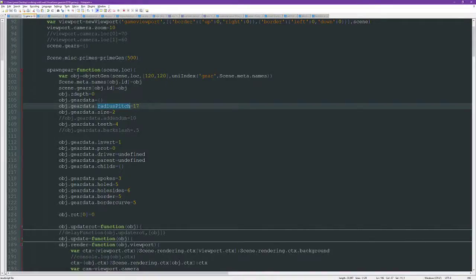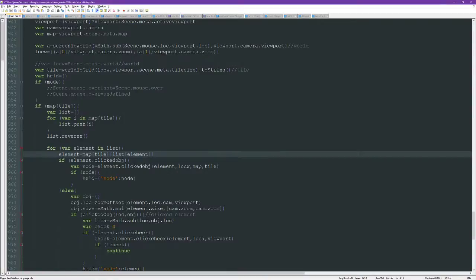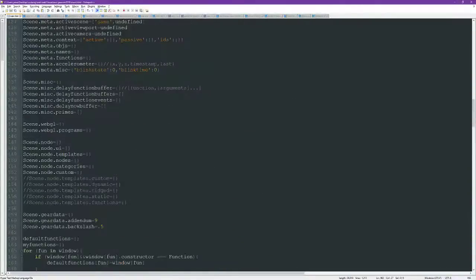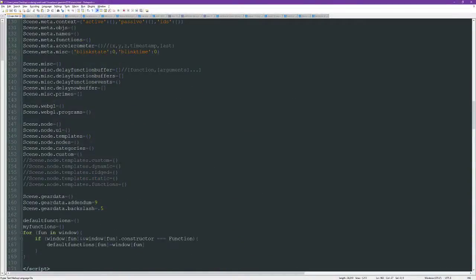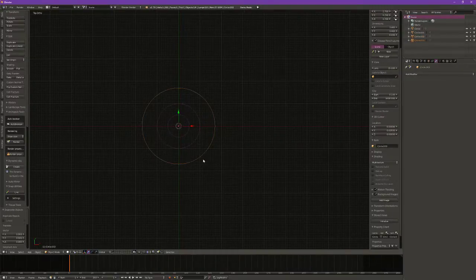17. And then we have the addendum. It's the global thing, what the stuff should be, which is 9. That doesn't look right.